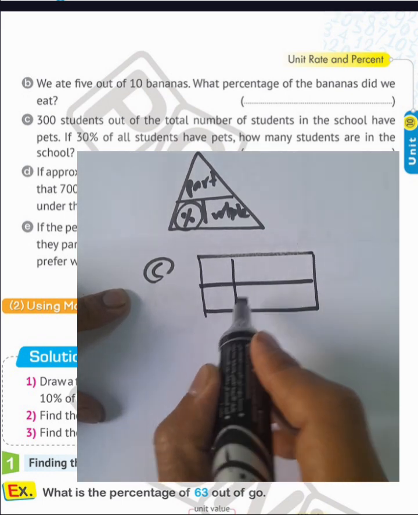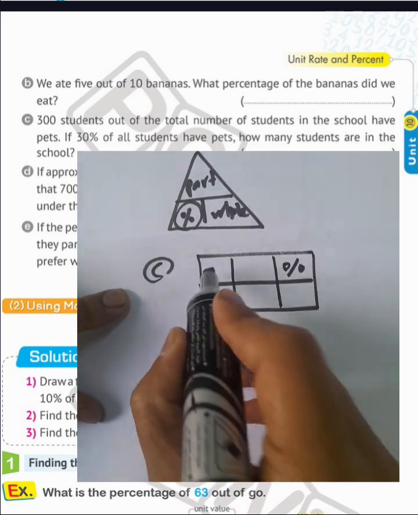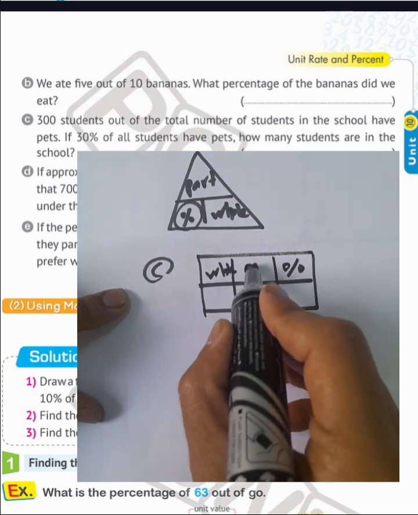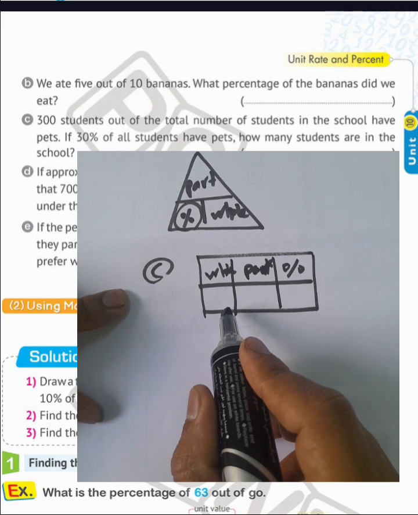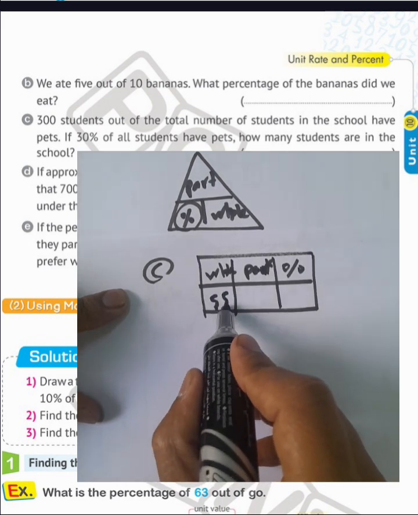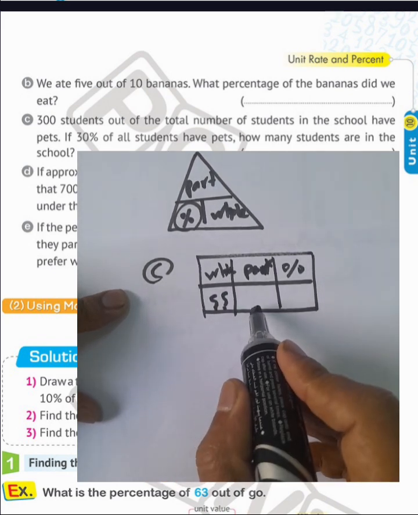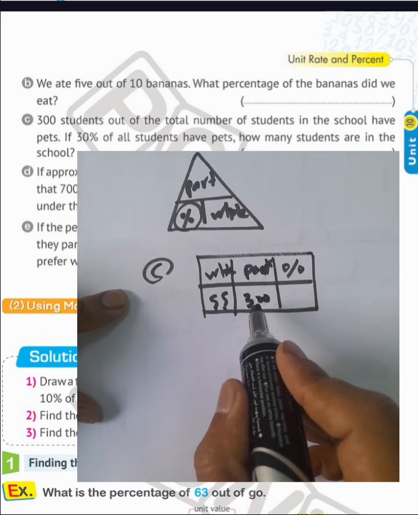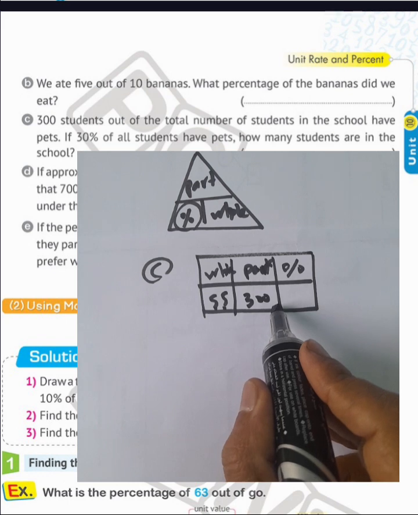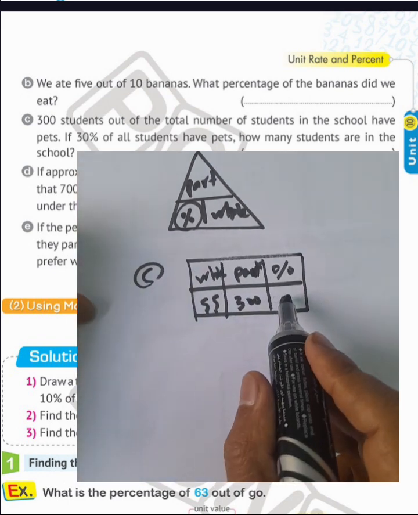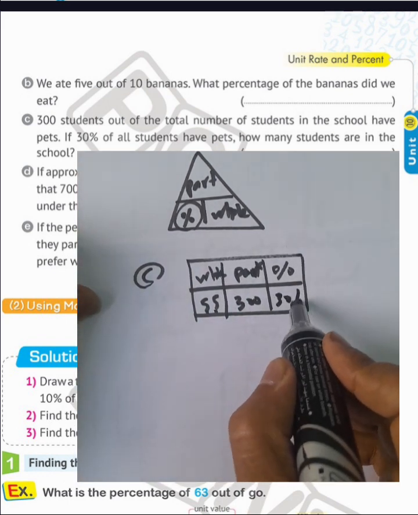We have 3 parts here: the whole number, the part, and the percent. He wants the whole number, the total, and he gives us the part, 300 students who have beats, and the percentage of it was 30%.